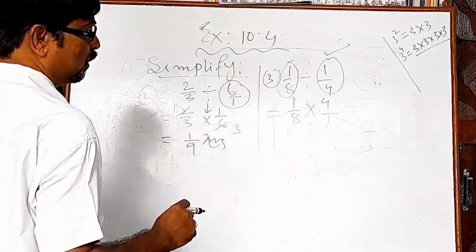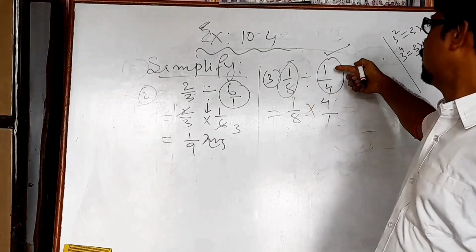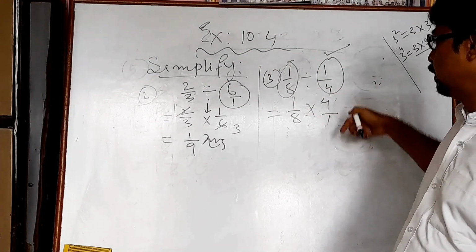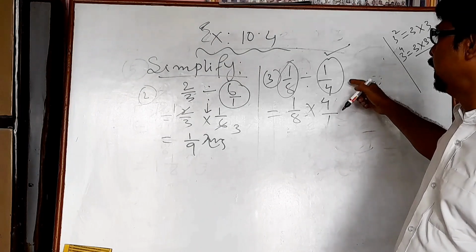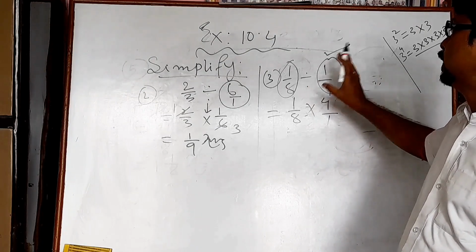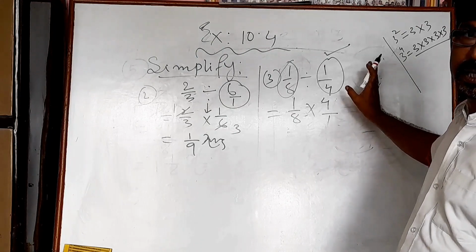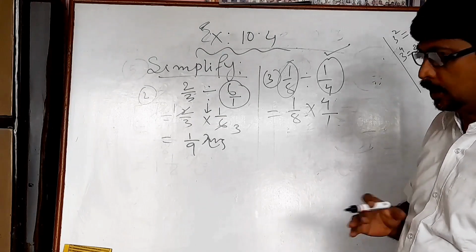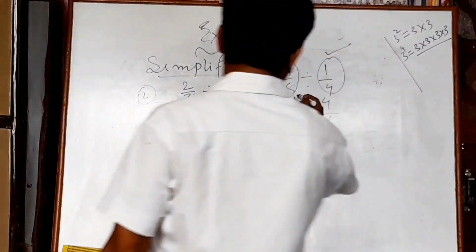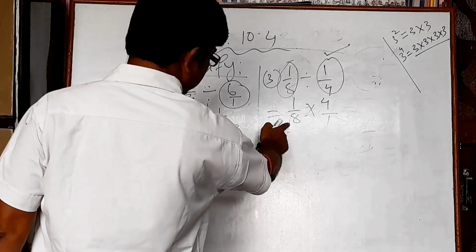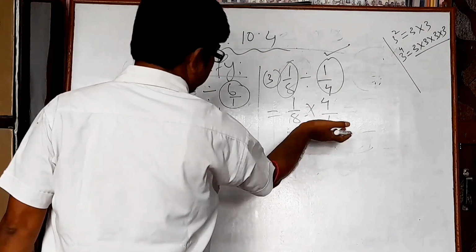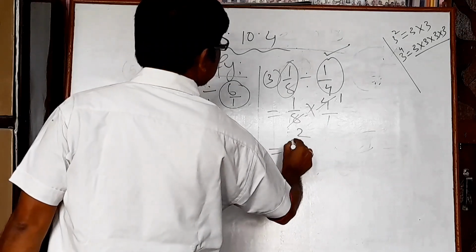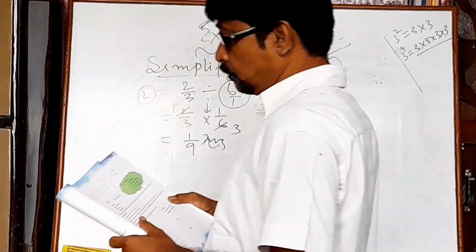Reciprocal of 1/4 is 4, and reciprocal of 4 is 1/4. So the reciprocal will be done to the number written to the right side, which is actually the divisor. Remember that. So 1/8 will remain as it is, and 1/4 will be inverted, that is 4/1. Now 4 ones are 4, 4 twos are 8. Answer is 1/2.